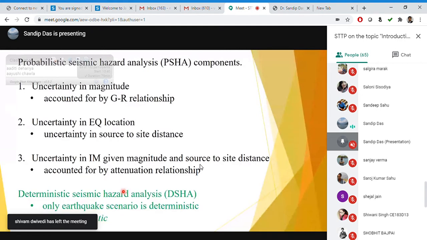What is the probability that a particular intensity measure value will get exceeded during a specified exposure time? So it itself is a probabilistic measure. So this deterministic term is associated with the scenario being deterministic. So probabilistic seismic hazard is the most general, where we also consider that the location and the size of the events may also be uncertain.